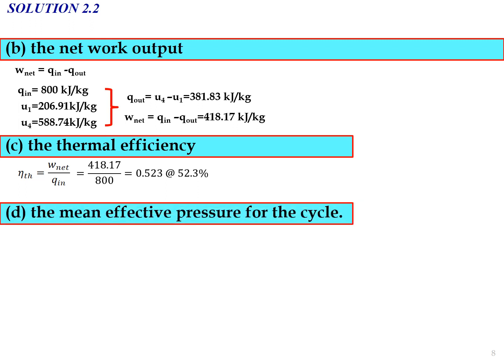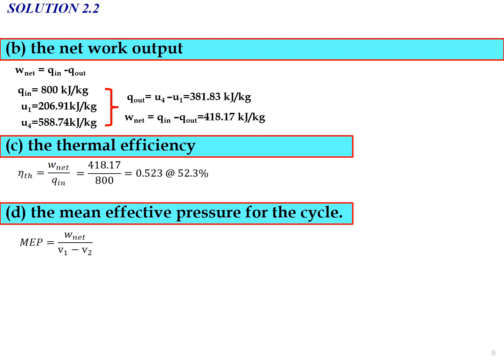Okay, the last question, we need to determine the mean effective pressure for the cycle. So we know that MEP equal to W net divided by V1 minus V2. So W net we already calculated. However, the individual specific volumes V1 and V2 are not available. However, we have the value for the compression ratio, where specific volume V1 divided by specific volume V2 equal to 8.